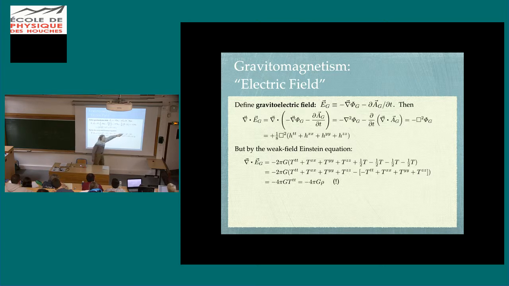And then I've got 1/2 times the trace for each one of those. And I add all that up, and look what I get. Now, does that equation look familiar to you? Okay. It looks almost like Gauss's law for the electromagnetic field, except what?